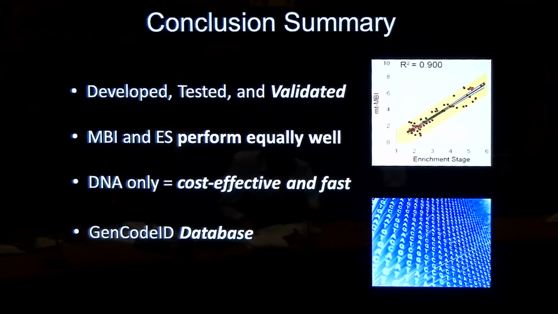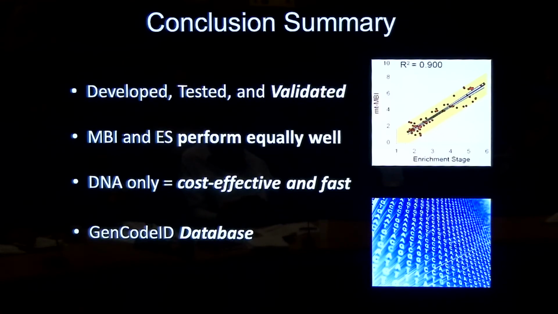We demonstrated that the MBI and ES performed equally well, but with the added advantage of the MBI of being able to reduce the result turnaround time by approximately 2. And also, the DNA performed equally well as RNA, which was good news for cost-effective and rapid response.